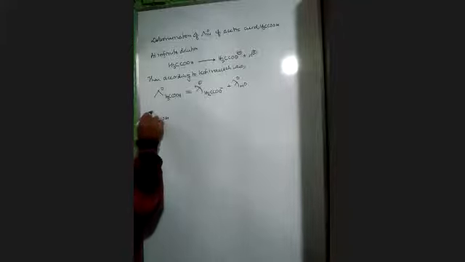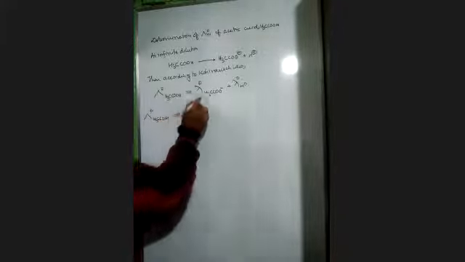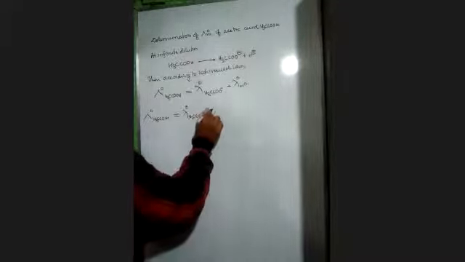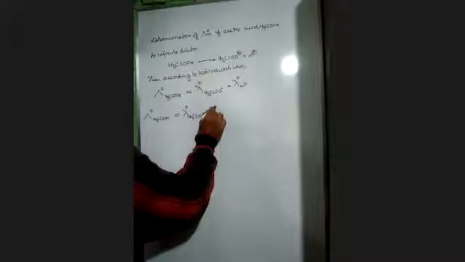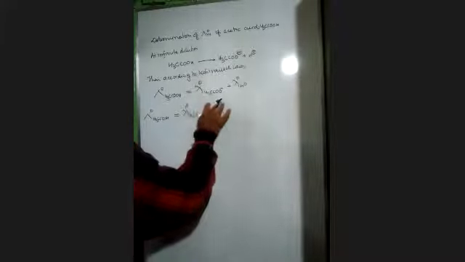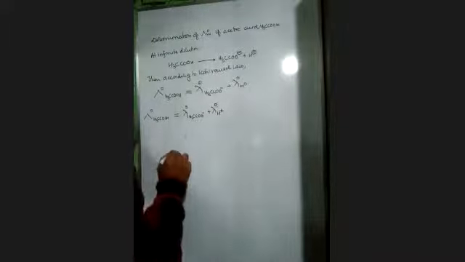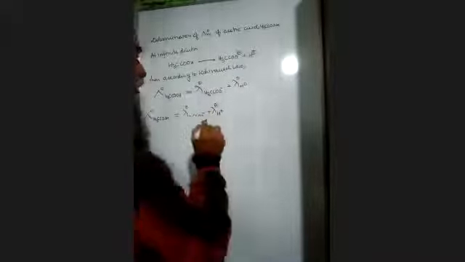I'll write now CH3COOH. Okay, I'll write this one, CH3COO minus and H plus. Then dear, you know what I'll do? I will add and subtract.